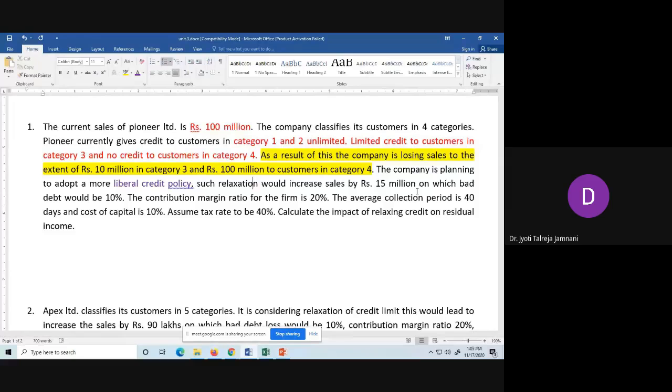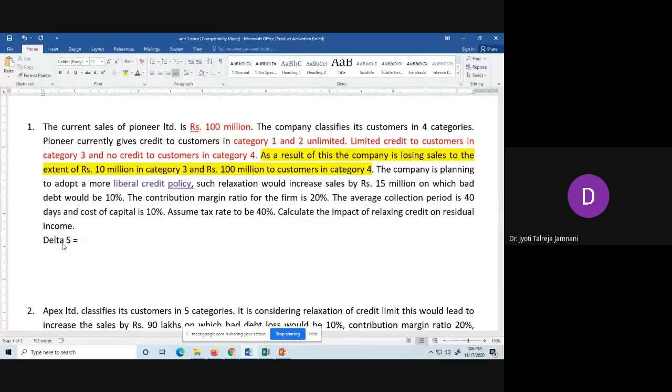Now when the sales increase, we call it delta S, change in sales. The value of sales is increasing, right? It has become 15 million. So I got my first factor, that is delta S, which is equal to 15 million.